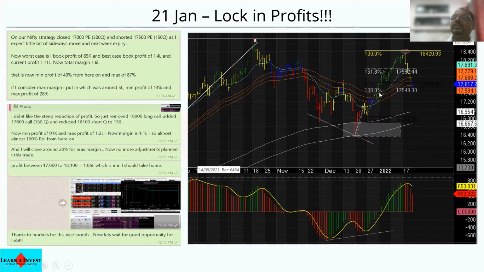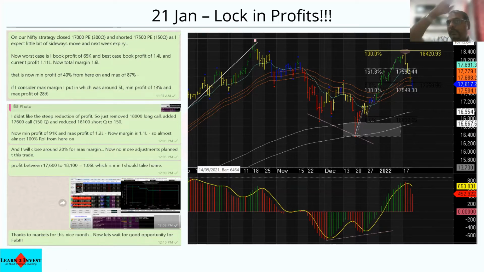A lot of things aligned at this price point. And from the way the markets reacted at 17,500, I got a feeling that I don't want to take a lot of risk. Whatever money I made, around 1.05 lakhs, I want to take home.